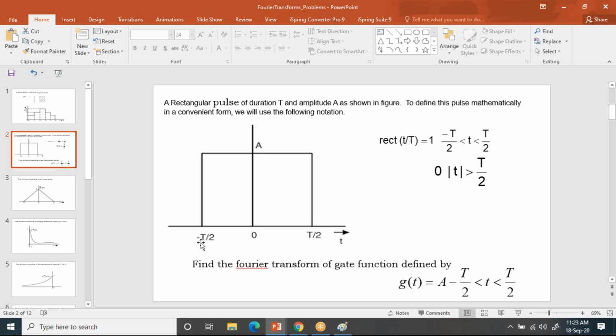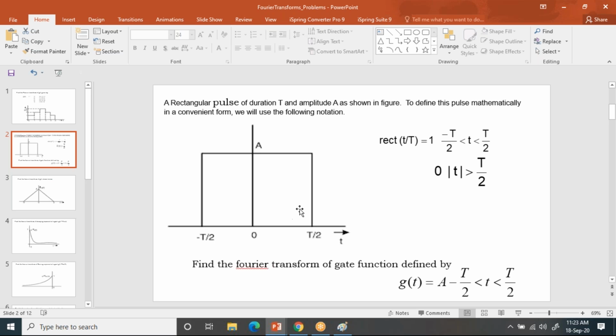The waveform exists from minus T/2 to T/2 with an amplitude of capital A. Now, there is another way of asking the question for the same problem: find the Fourier transform of the gate function. This we call the gate function, which is defined as A and exists from minus T/2 to T/2.